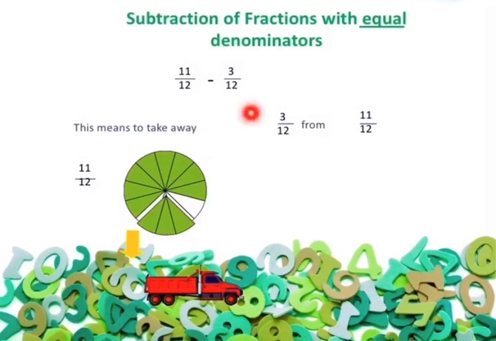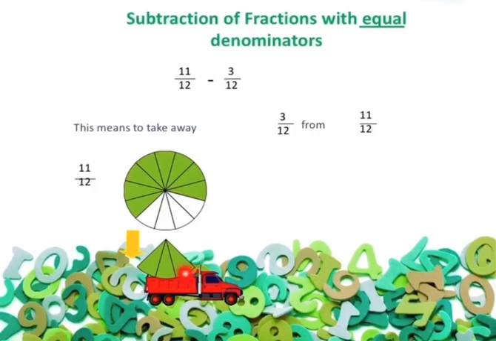So in this you can see 11 by 12 minus 3 by 12. That means we have to take 3 by 12 away from 11 by 12. Here is the total portion of 11 by 12 shaded, and we have to take away 3 by 12.